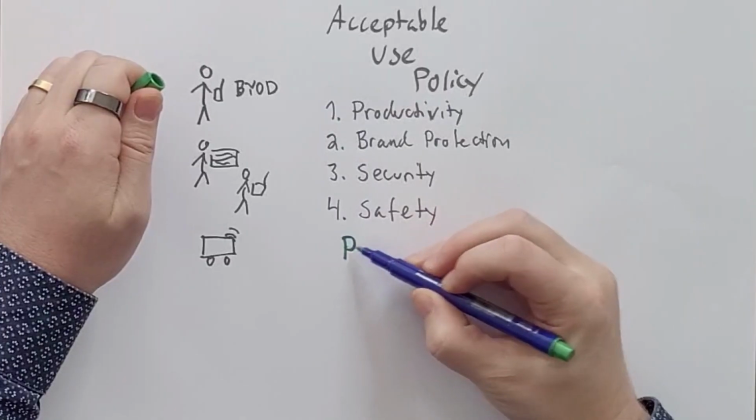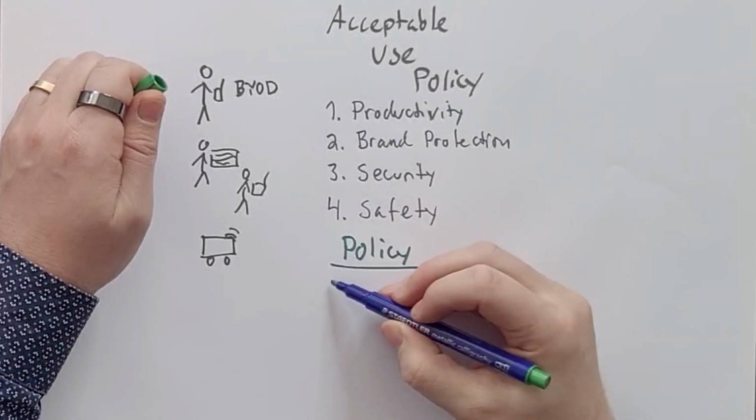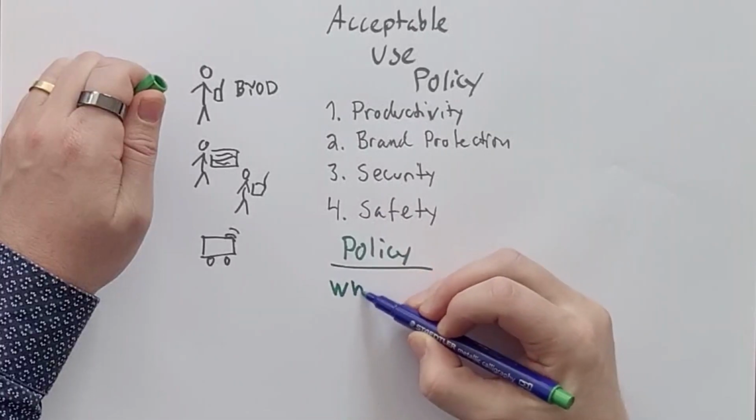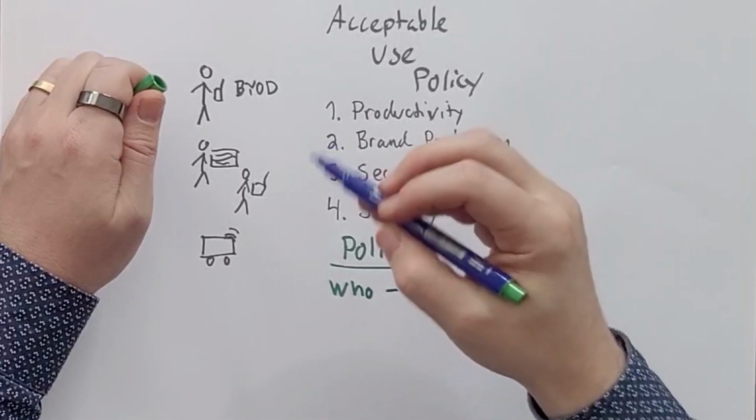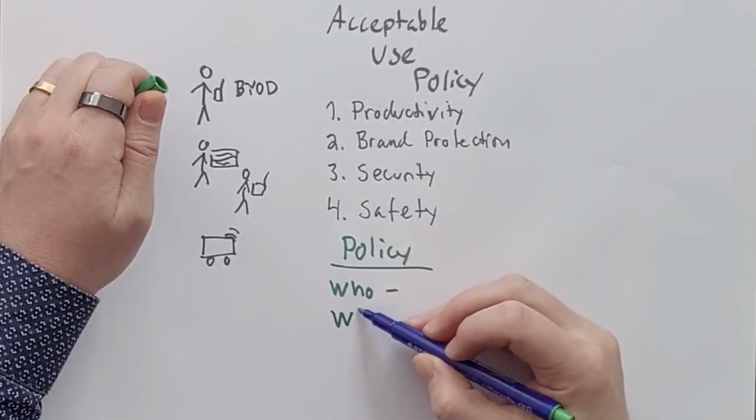But the policy itself has a few basic elements. We have the who. Different policies may apply differently to different roles in the organization and different individuals. It's not the same policy for all. We have where.